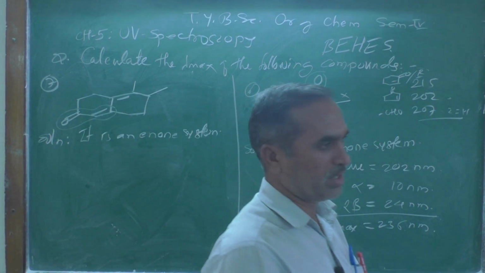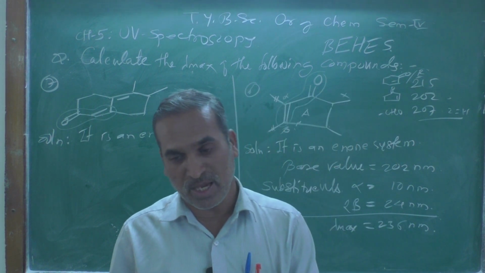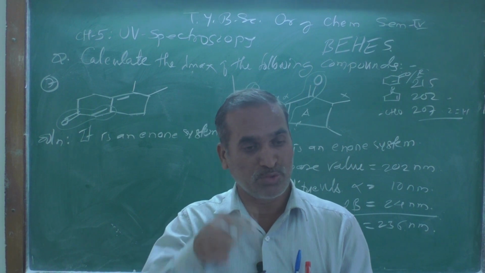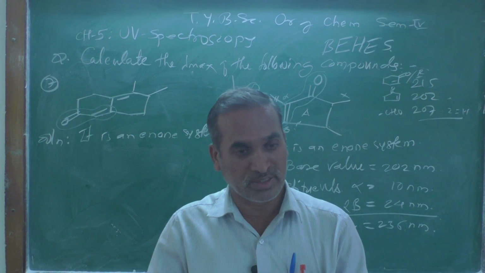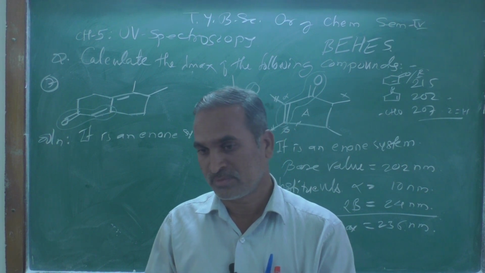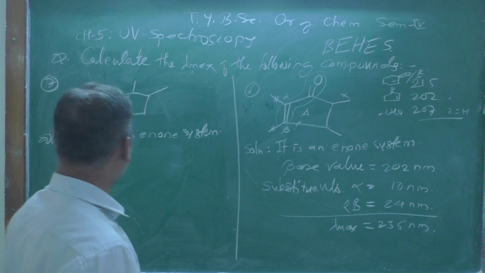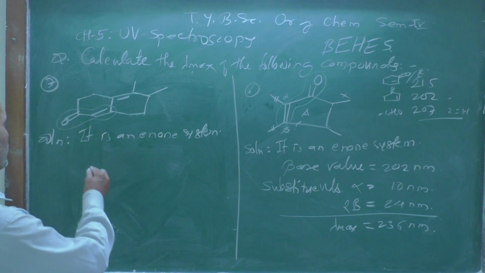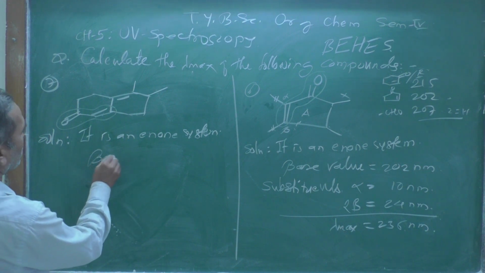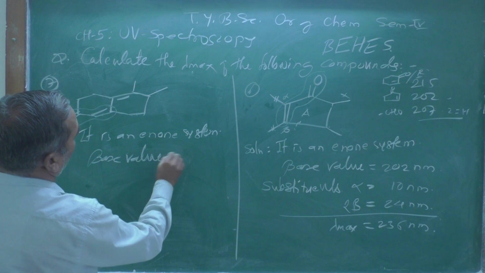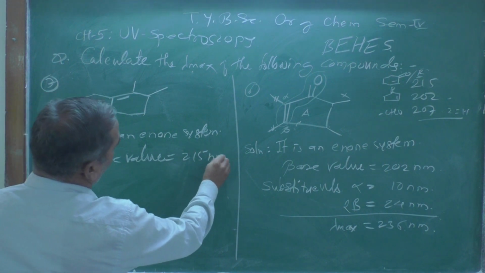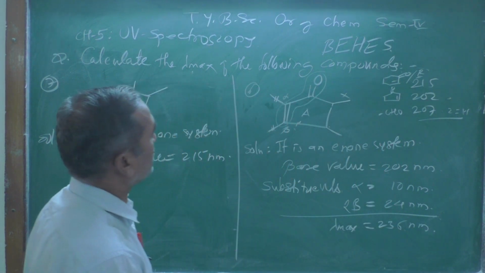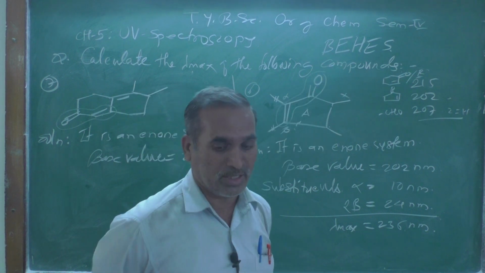Once you have written enone system, as we know there are 3 base values. Which base value should we take? Now look at this carbonyl group attached to a 6-membered ring, and therefore we can easily find out the base value for this is 215 nanometer, right? This one is 250. Now E stands for exocyclic double bond.